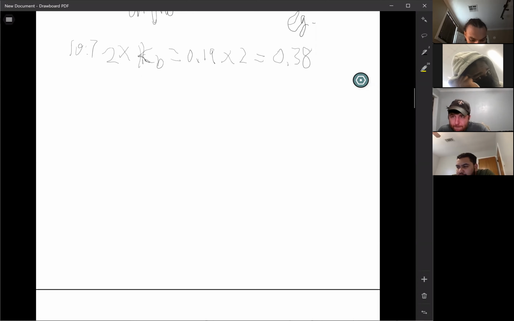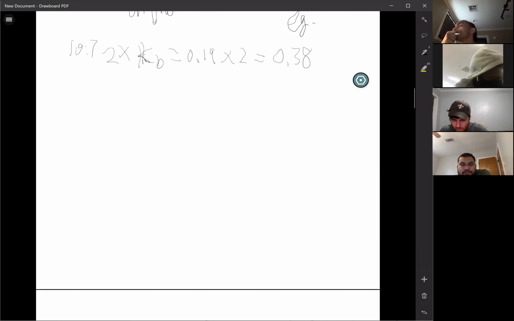Because it is really dictated by the turn, how sharp the turn is. The R over D, R is the radius of the turn, D is the diameter of the pipe. So it is really dictated by how sharp the turn is. The sharper it goes, the bigger the K is, the more losses it has. Does that make sense to you, everybody?